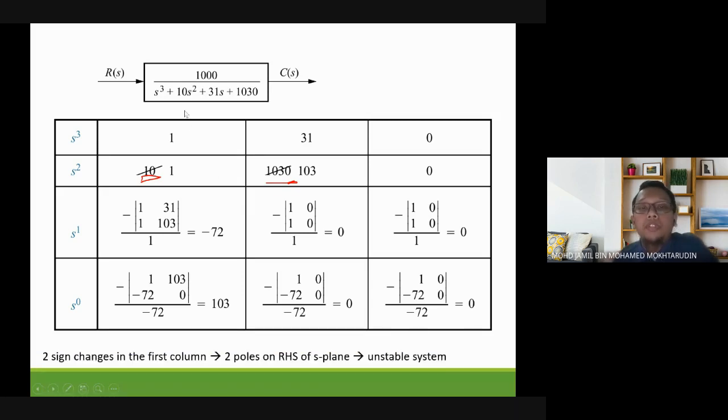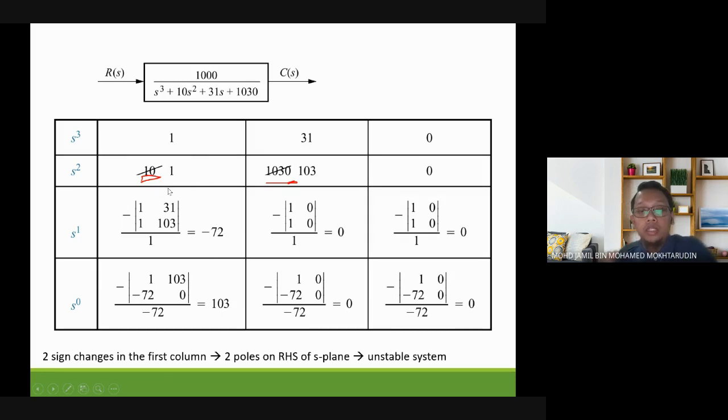Okay, so to determine the system stability and the number of poles that are located on the right-hand side of the S-plane, you need to look at the first column. On the first column, from row S3 to row S2, there is no sign change, positive 1 to positive 1. And then from row S2 to row S1, it changes from positive 1 to negative 72.